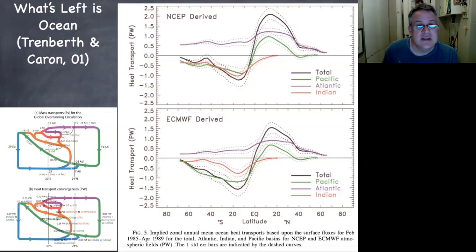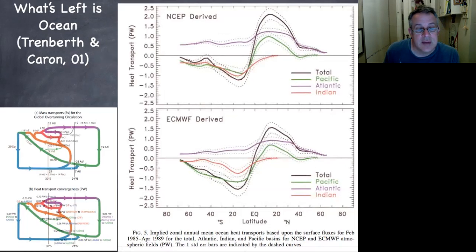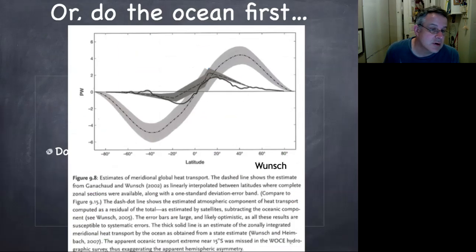So these energy diagrams are directly related to this complex set of flows over here in terms of petawatts. And if you add these up, you get numbers that are pretty similar to what's in there. Or you could try and directly estimate by the ocean first. I should have said this is the residual of what the atmosphere doesn't do is how this is figured out. Or you could do it by measuring in the ocean first, as Wunsch talks about.